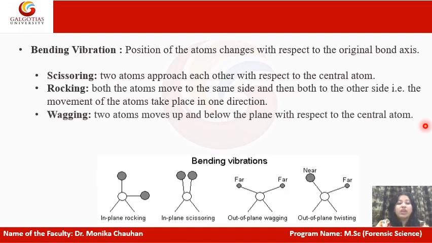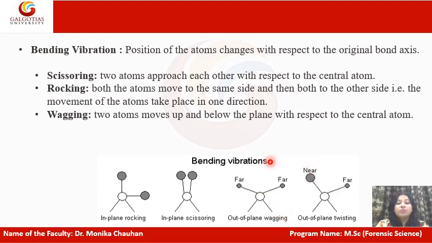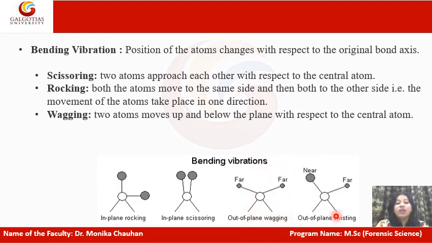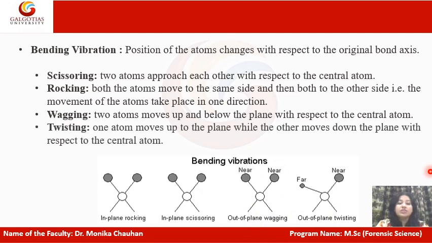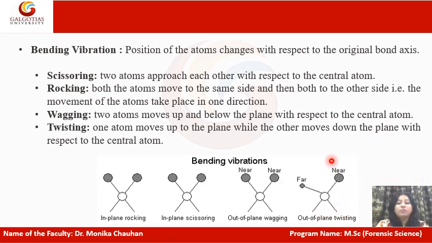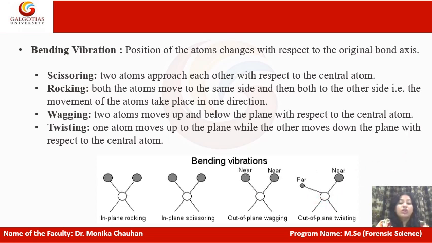Third is wagging. Two atoms move up and below the plane with respect to the central atom, called wagging. And last is twisting. One atom moves up the plane while the other moves down the plane with respect to the central atom, called twisting.